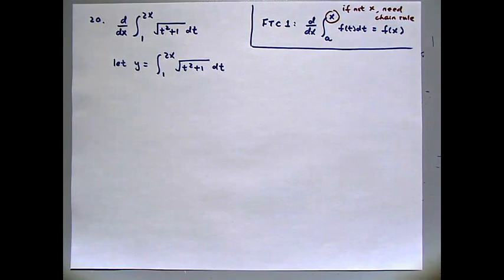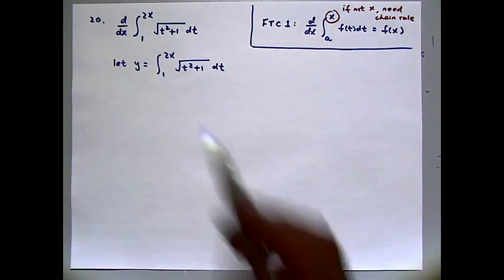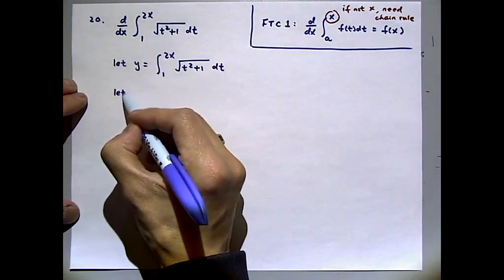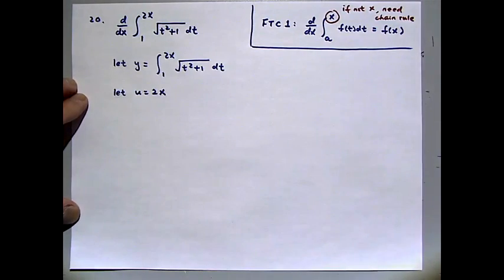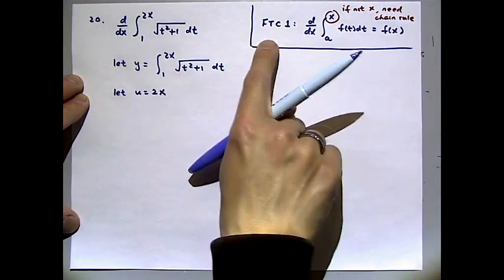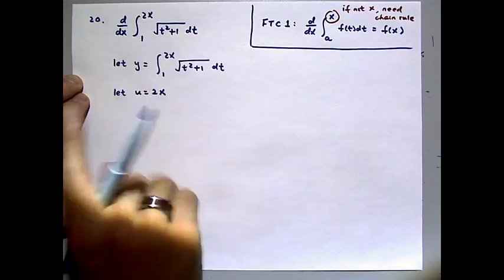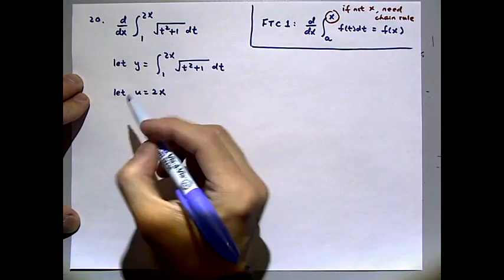All right, so to organize this better, let's call that integral y for the moment. And I noticed that the upper limit is not just an x. So FTC1 does not directly apply. We got to do an intermediate step.